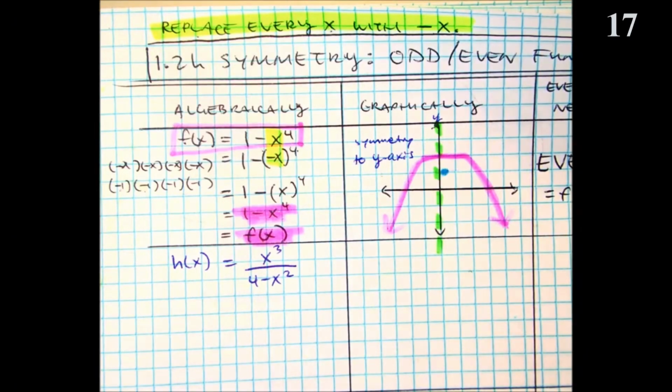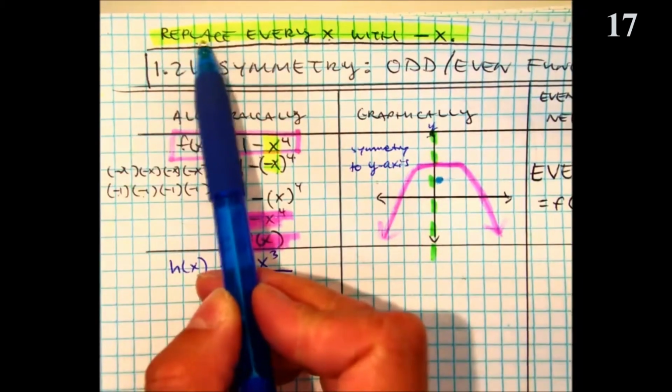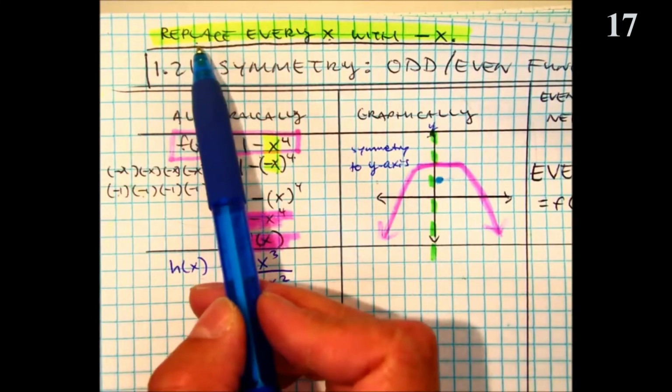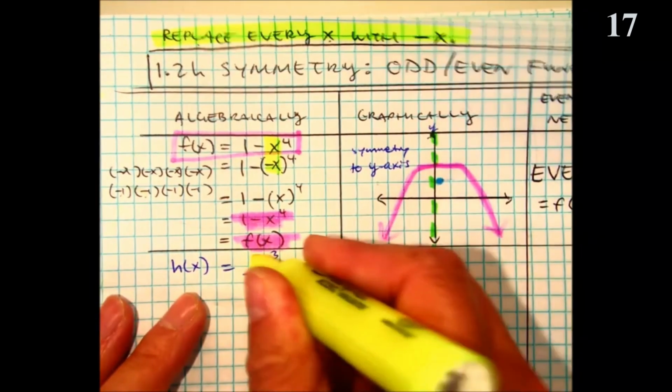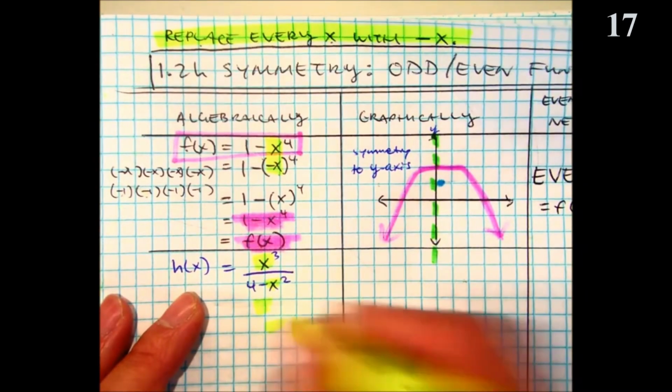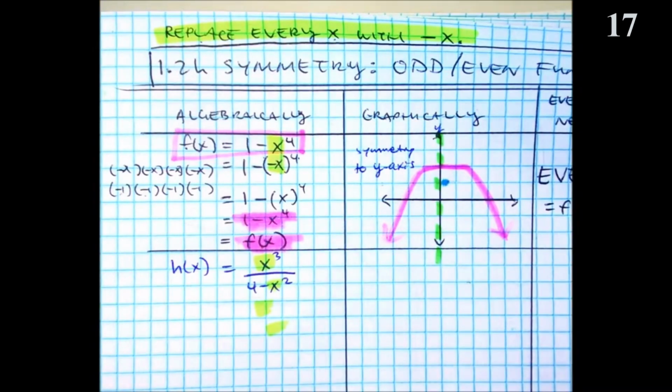Alright, in this problem we're going to do the same thing. Class, read it to me on the count of 3. Ready? 1, 2, 3. Replace every x with negative x. So I'm going to replace each of these x's with a negative x. Do that.